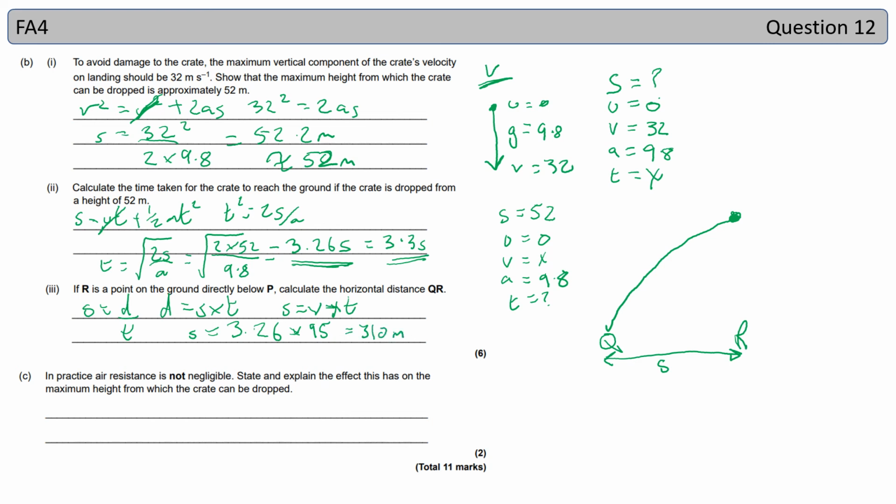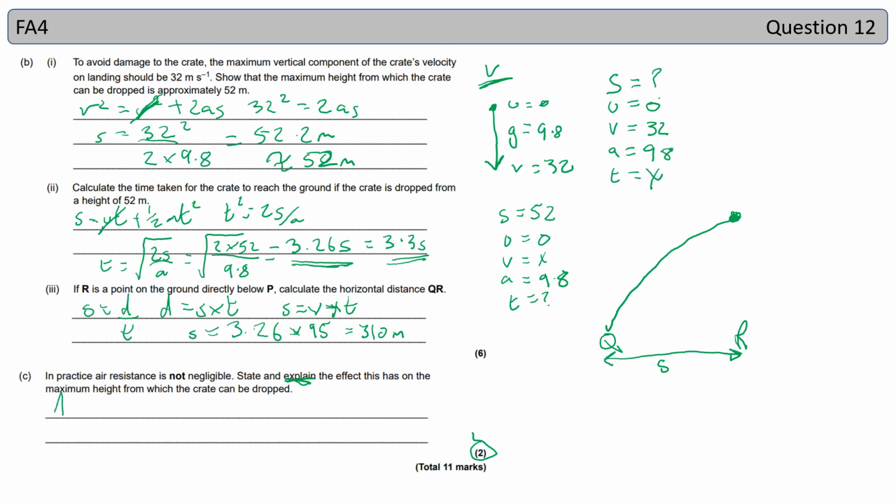Then for this last part, which is worth 2, and it's another explain one: in practice air resistance isn't negligible. State and explain the effect this has on the maximum height from which the crate can be dropped. Well, we're told that it can be dropped from 52 meters because its maximum impact speed in the vertical can only be 32 meters per second.